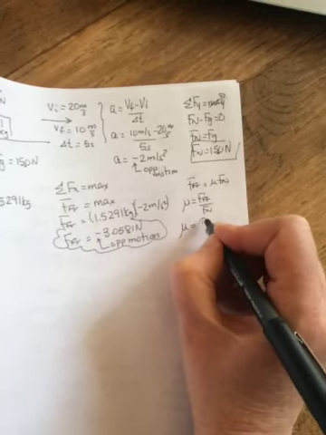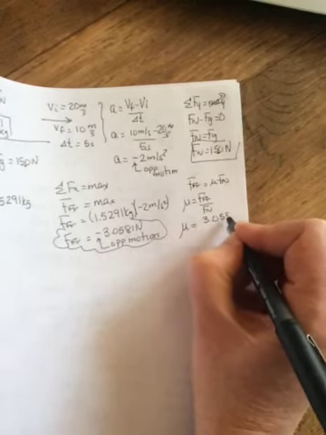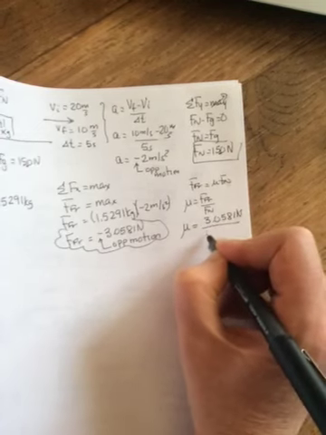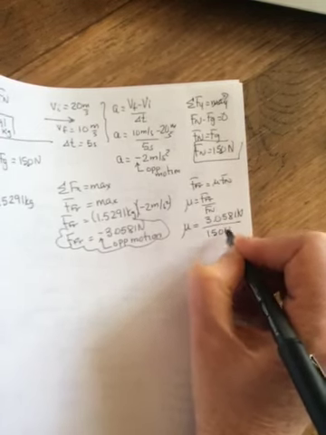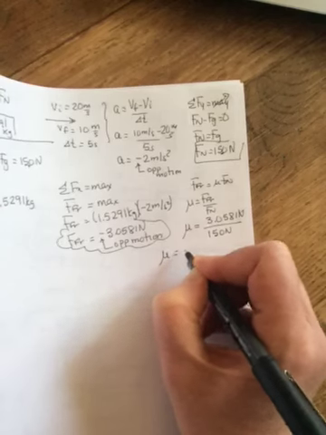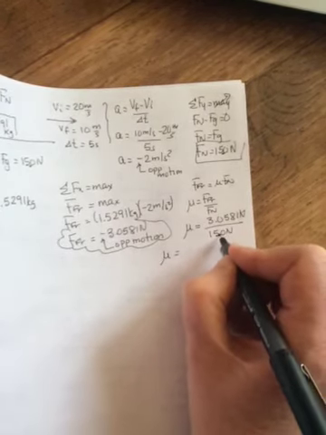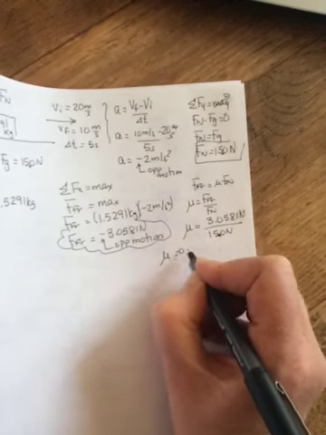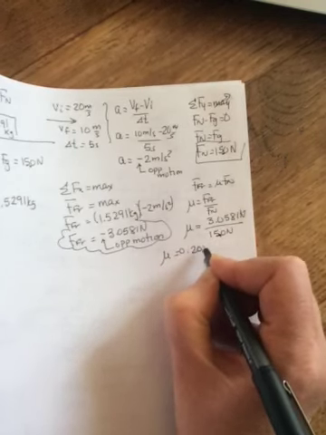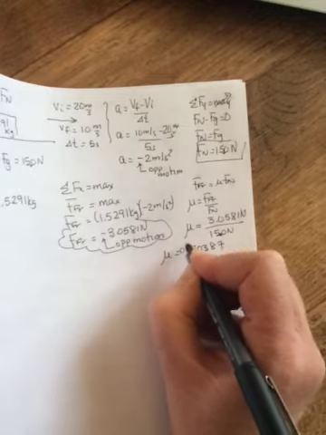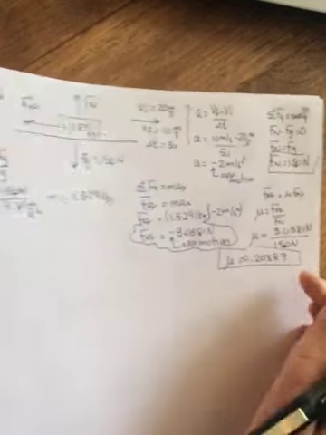So it's going to be 3.0581 newtons divided by 15 newtons. I did 150 again. I was going to say that's going to be really tiny. So mu ends up equaling 0.20387, and remember mu has no units.